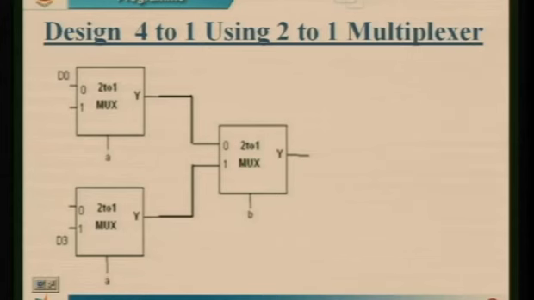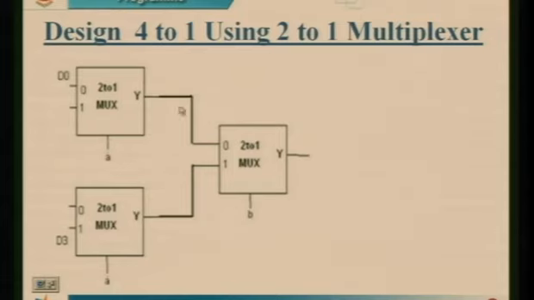Fine. So I'll solve one problem here: generating a 4:1 mux using 2:1 mux. So let us design this concept using 2:1, how to get 4:1 operation. So how to design this? You can just see the block diagram I have used.